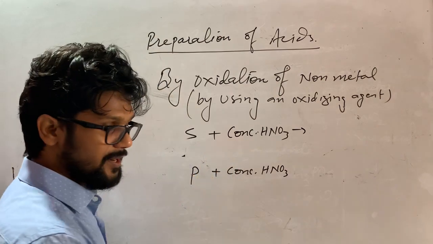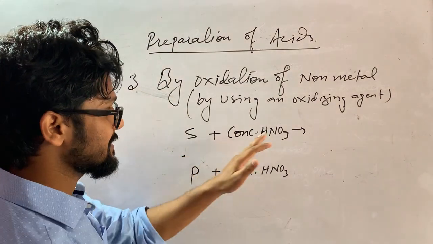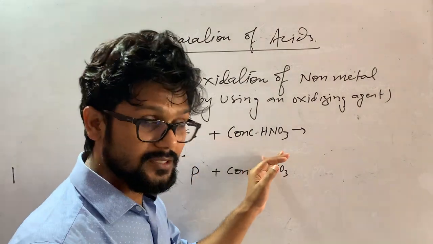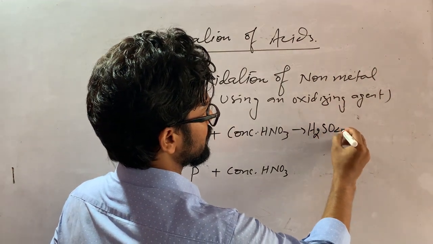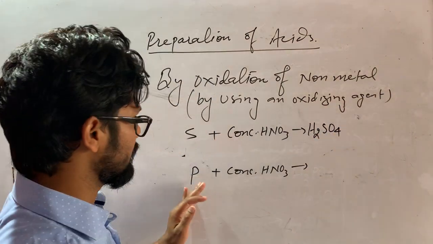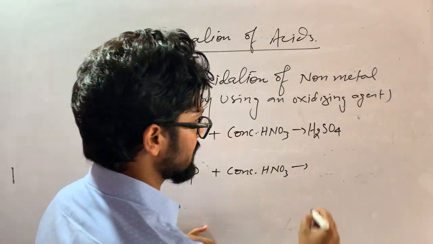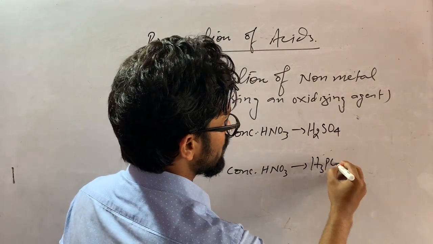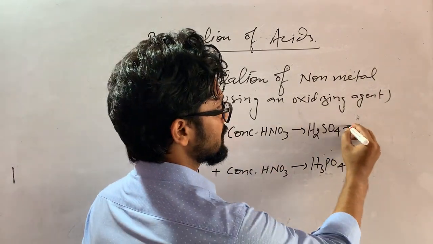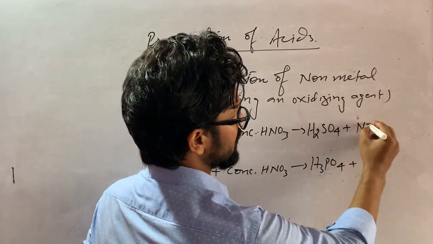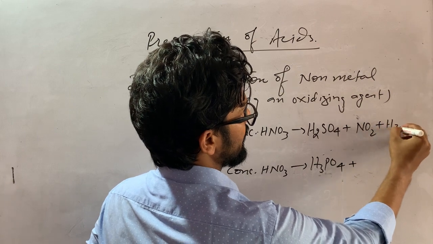So remember, when sulfur is oxidized by concentrated nitric acid, it gives sulfuric acid. Got it? And at the same time, if phosphorus is oxidized, it gives phosphoric acid. What is common in both reactions? In both reactions, the side products will be NO2 and H2O.